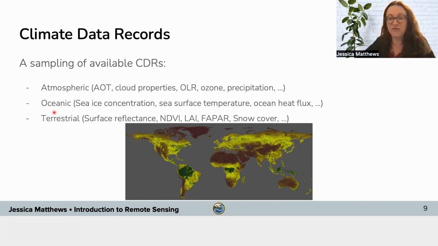Additionally, we offer a fourth bucket of CDRs that are fundamental records. This can be related to the level 1B data that I referred to earlier. And the example shown here is one of the NDVI CDRs that we offer, the Normalized Difference Vegetation Index, and what that would look like in a global picture.